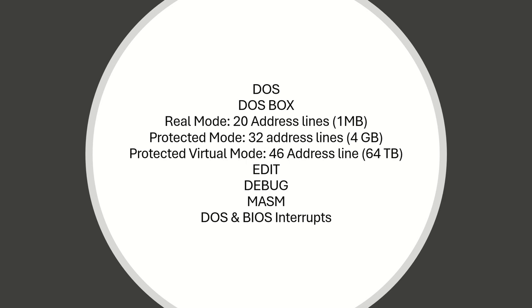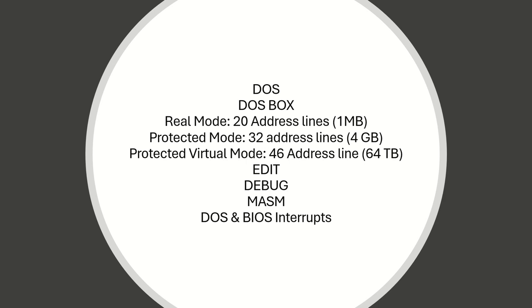Then comes the next generation, the popular CPU 8086, which was mainly used in computers called personal computers. In 8086, they have increased the number of address lines to 20. So physically 20 pins are available on the IC, address lines A0 to A19.